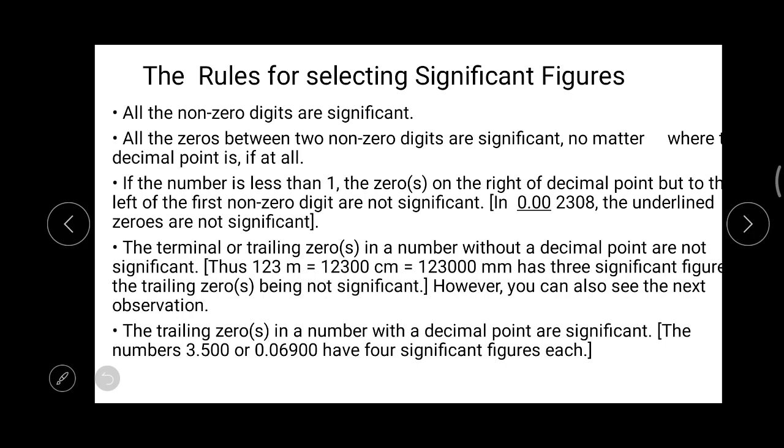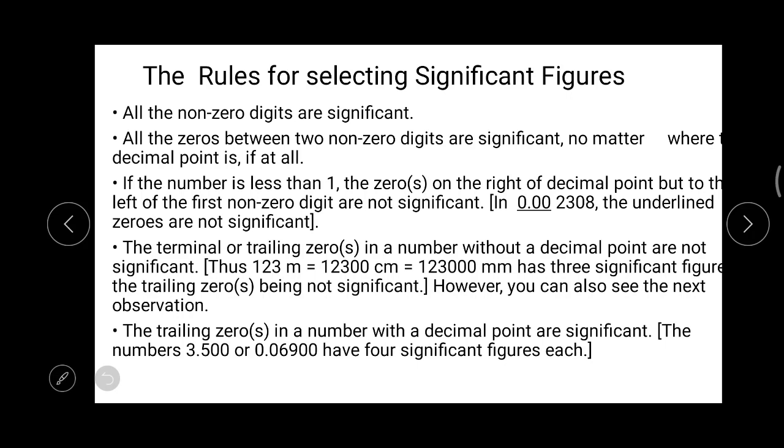That means the total number of significant figures in that number will be 4. As well, 0.0690. The first 2 zeros are not significant, but the last zeros are significant, isn't it? So the total number of significant figures in that number will be 1, 2, 3, and 4. Four significant figures will be there in 0.06900. Okay.